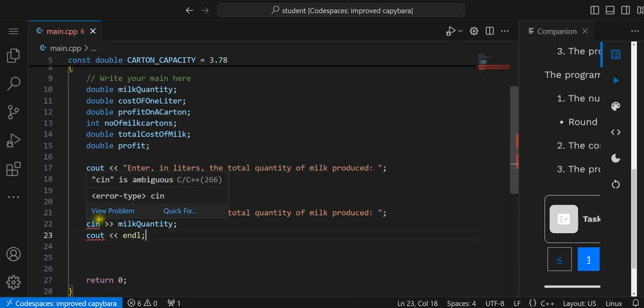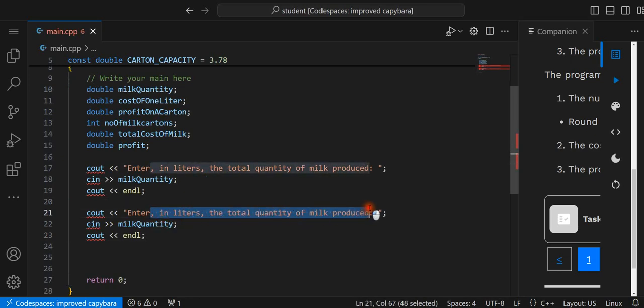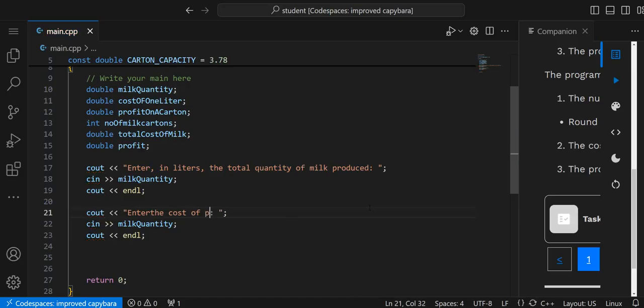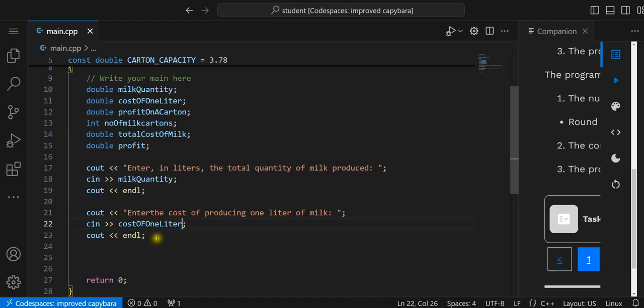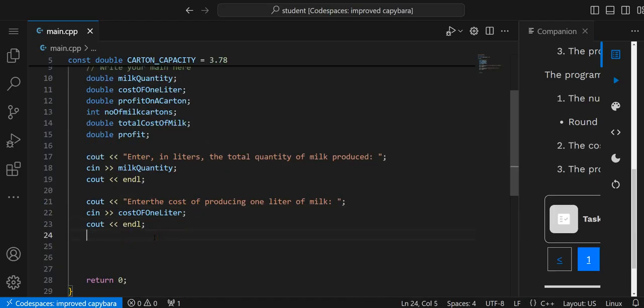So next we'll have enter the cost of producing the milk. Enter cost of producing 1 liter of milk, and cost of 1 liter. In line. Then our next cancel out.